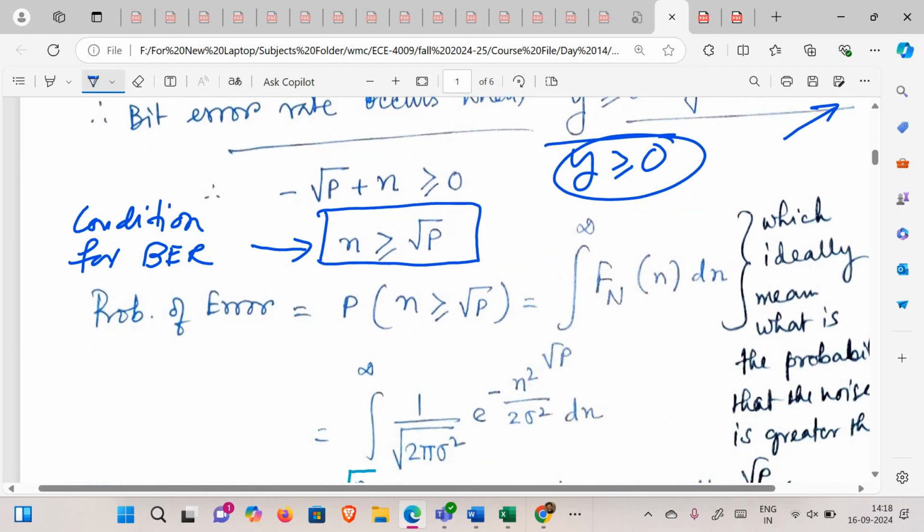So if that is the case, please make a note of this. This condition becomes very crucial as we go on with the wireless scenario as well.